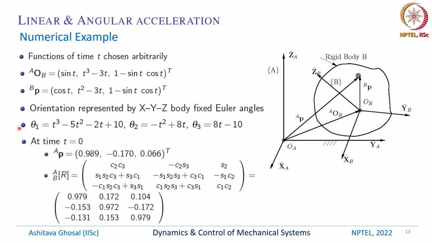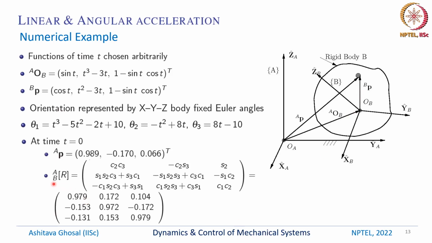Again, these functions of time for theta 1, theta 2, and theta 3 are chosen arbitrarily. So given this initial set of data, at t equals 0, we can find the position vector. So how do I find the position vector? It is nothing but this vector plus this vector, pre-multiplied by the rotation matrix.